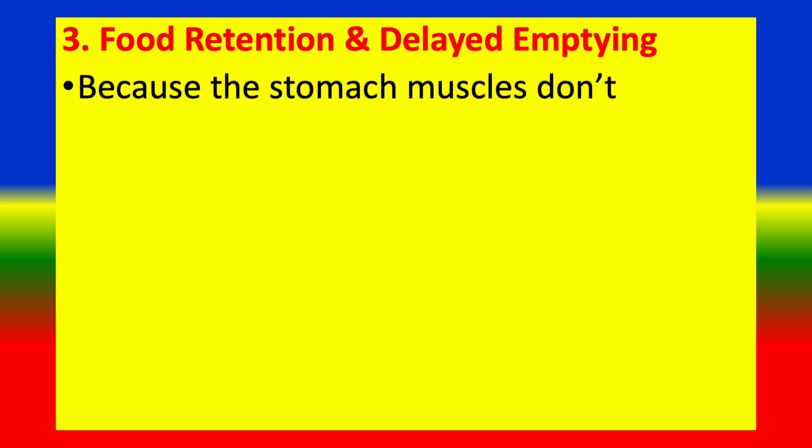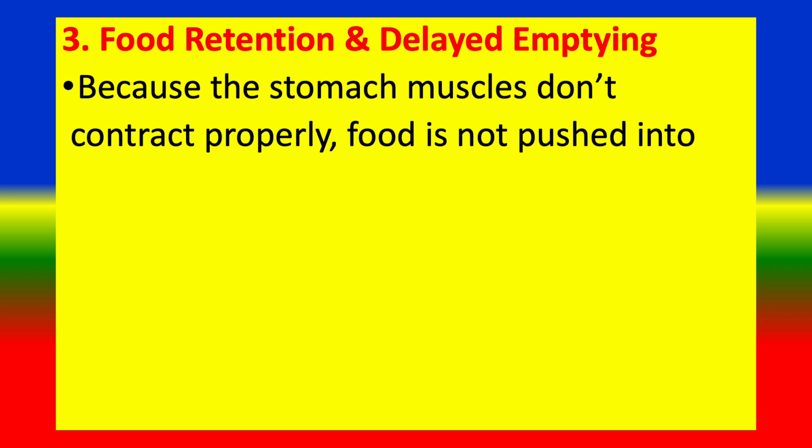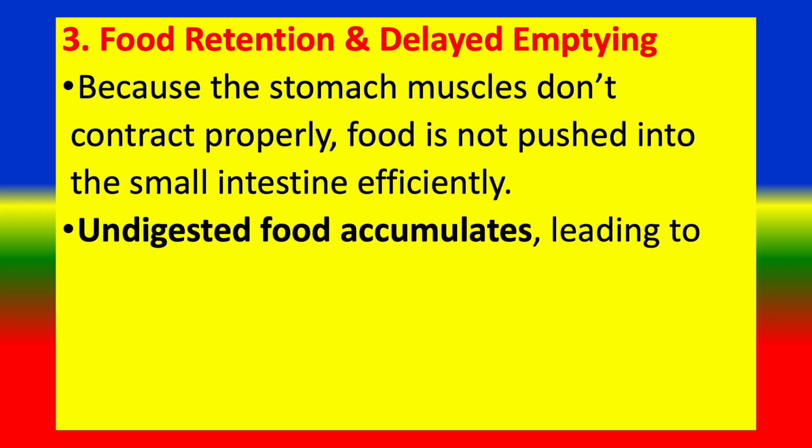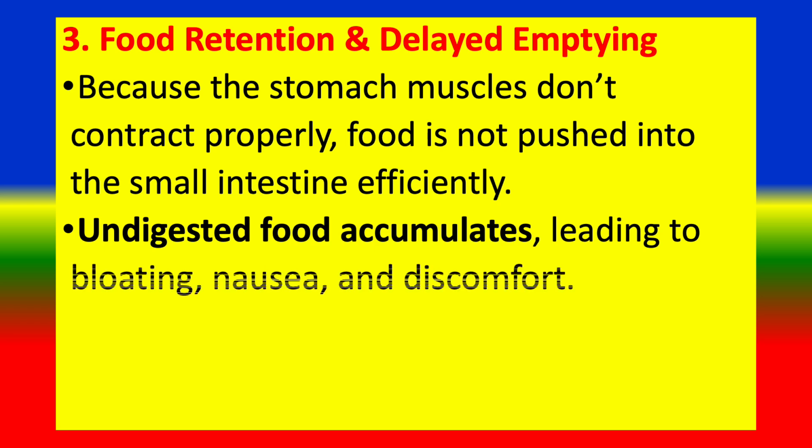Food retention and delayed emptying. Because the stomach muscles do not contract properly, food is not pushed into the small intestine efficiently. Undigested food accumulates, leading to bloating, nausea, and discomfort.